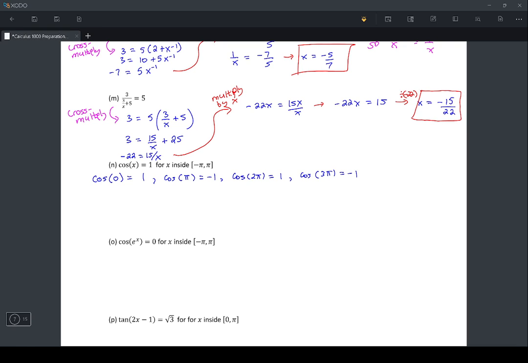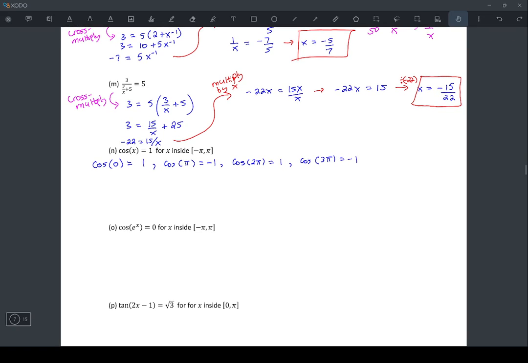Well, a useful property is the even versus odd property of trig functions.